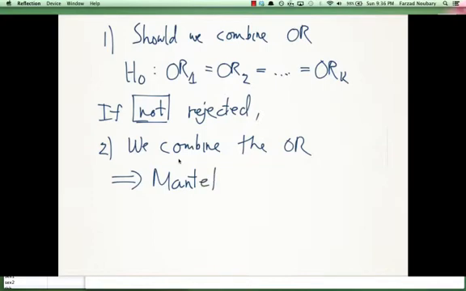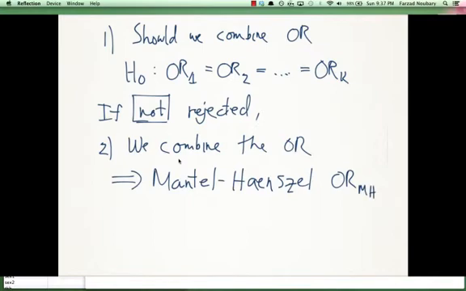That's what we use to combine the information. I always have to think critically about how to spell this. The Mantel-Haenszel method.